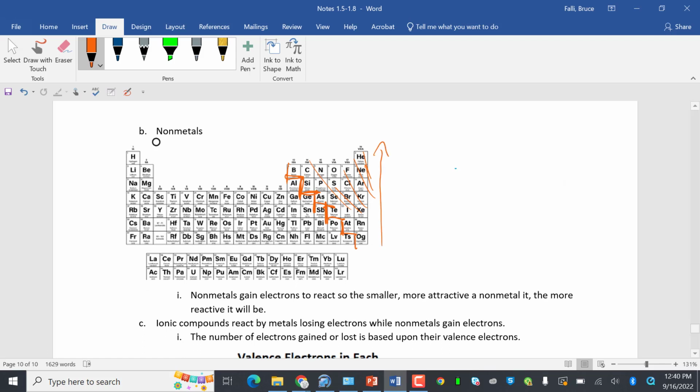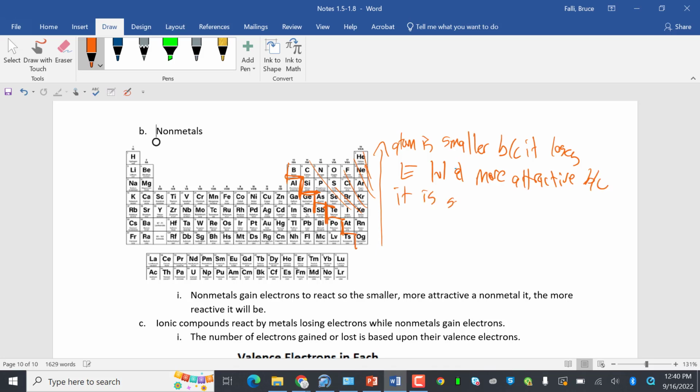As I go up, the atom is smaller because it loses energy levels, and more attractive because it's smaller. So it gains electrons better.